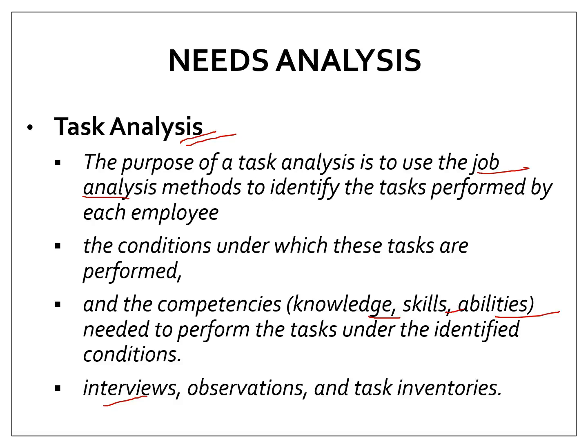Okay, and then task inventories. We can also look at the things that are expected from a certain employee, and then we're going to look at those competencies. Can employee A perform all the tasks that are expected of him?